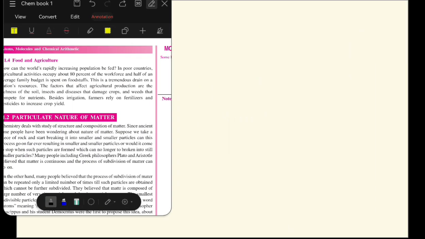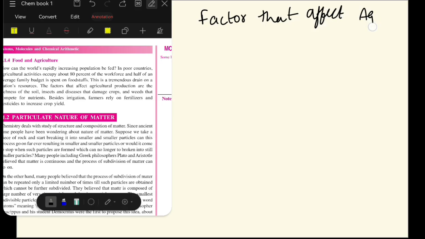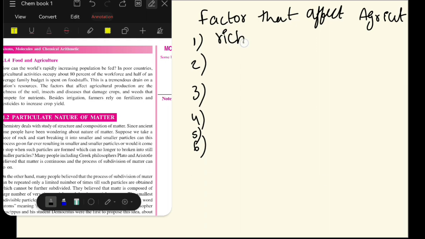So, the factors that affect agriculture. We have a total of 6 factors that affect agriculture. The first factor is the richness of soil.